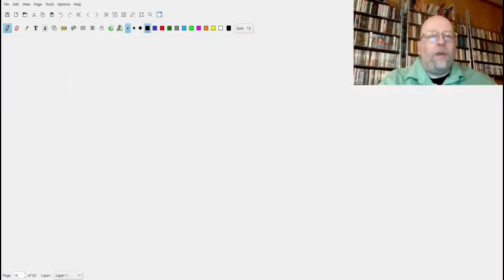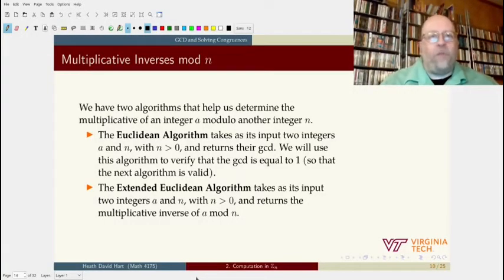So we always have a multiplicative inverse if the two numbers are relatively prime, which means their GCD is equal to 1. And we have two algorithms that help us determine the multiplicative inverse of an integer modulo another integer. One is called the Euclidean algorithm, and one is called the extended Euclidean algorithm. The Euclidean algorithm is what verifies that the GCD is equal to 1.